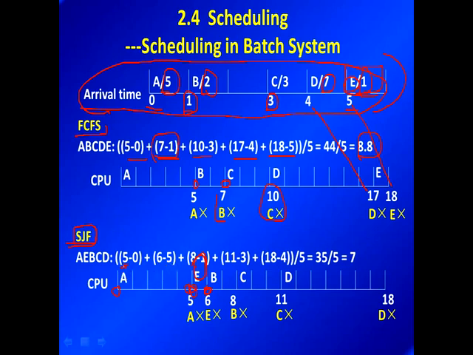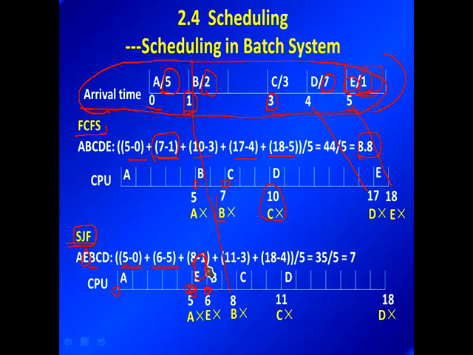For example, the turnaround time for A should be 5 minus 0, and for the job E, which exits the system second, its turnaround time should be 6 minus 5. And the turnaround time for B, the next job, should be 8 minus 1.